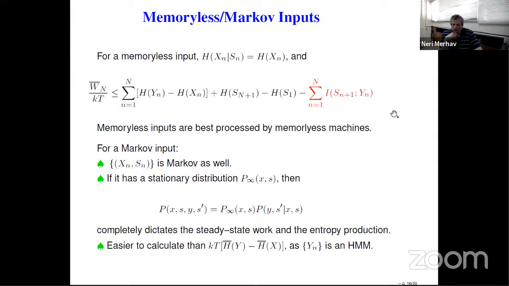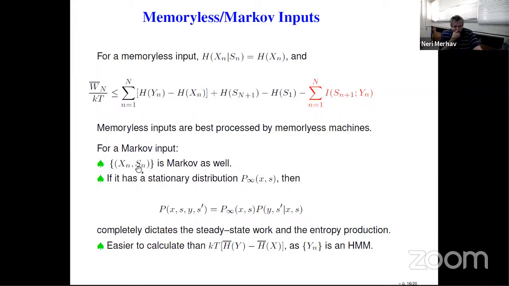So we are losing something if the input is memoryless but the machine has memory, namely it has a non-trivial state; we are losing something from possible dependencies between the state and the output. So the best thing we can do with memoryless inputs, asymptotically, neglecting the entropy production of the state, which is finite, is to process memoryless inputs by memoryless machines, which is quite intuitively appealing.